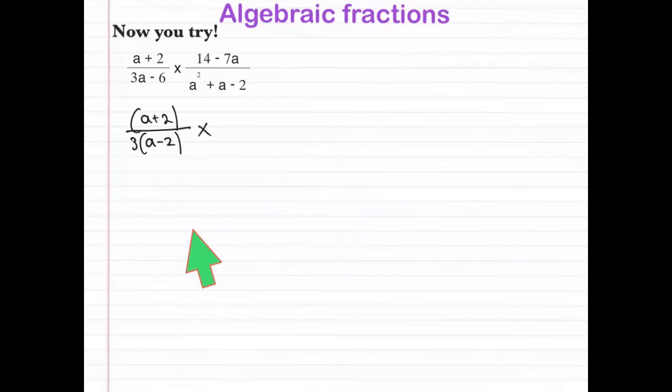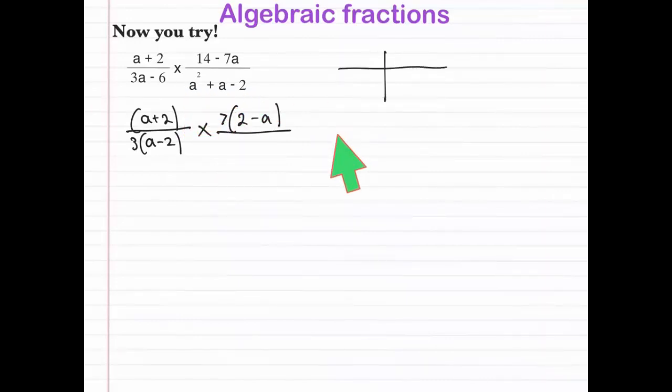And then I'm going to multiply here, and here at the top, what can I do there? I can take out a 7. So when I take out a 7, I have 2 minus a left. And here at the bottom, I am going to have to factorize that. And if I quickly show you again how I can do this, this will be a squared, this will be a 2. So a and a are the factors, 2 and 1. What do I want? I want a plus 1a.